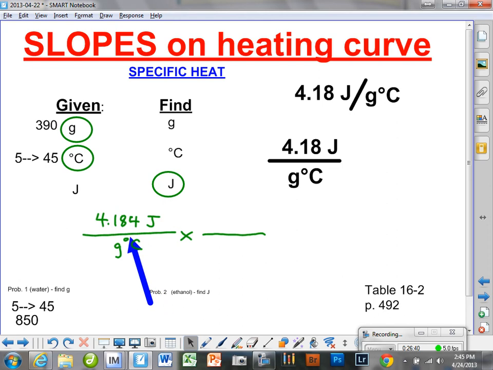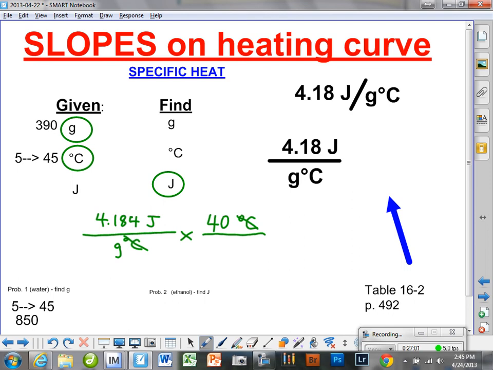The delta T, the change in temperature, is the degree centigrade. So I have to put a degree centigrade up here. And why do I have to put it up here? To cross it off with stuff on the bottom. Yeah. Okay, so this guy will cancel.